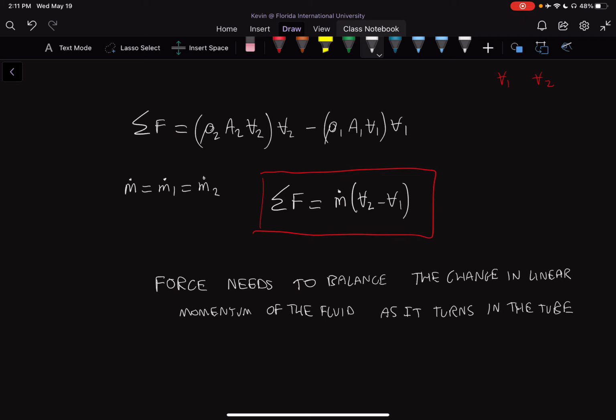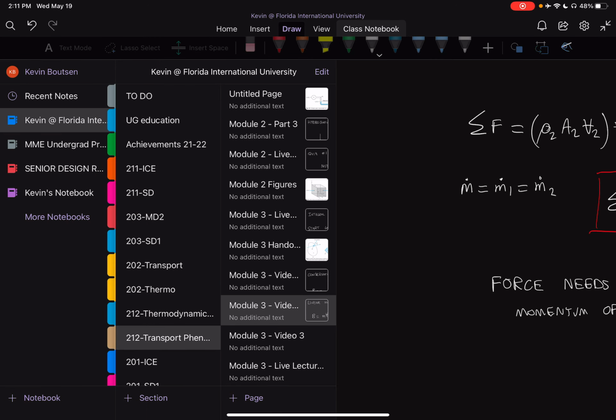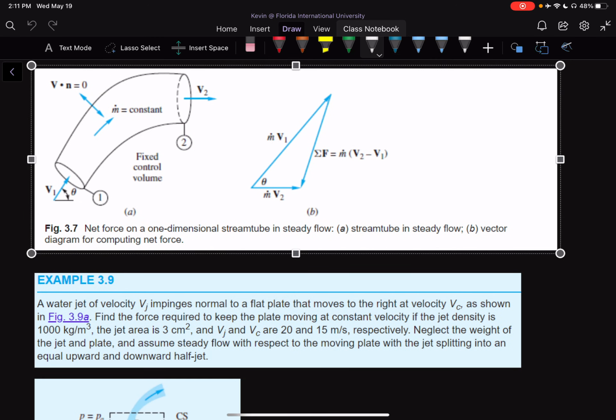Okay? So we're going to do another example problem, example 3.9, which I think is a better way of understanding this and is a little bit more complex. So we're going to look at this example, and then we'll stop after this. Okay, so example 3.9, I'm going to copy over the diagram once again.